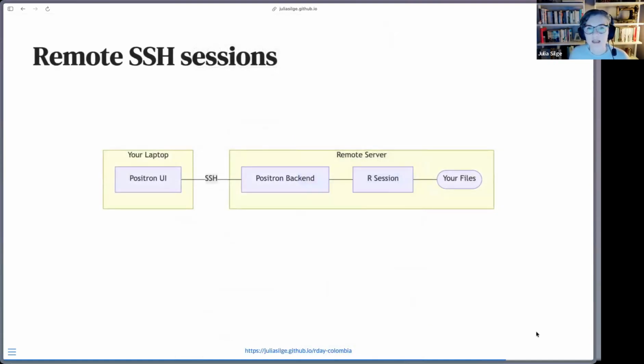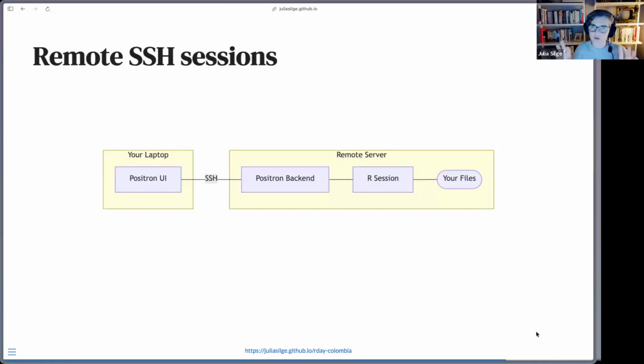So the architecture here looks a bit like this. What's over on your laptop is only the Positron UI, literally just the front end of the app. Within Positron, an SSH connection is managed to the Positron backend that gets installed into the remote server.